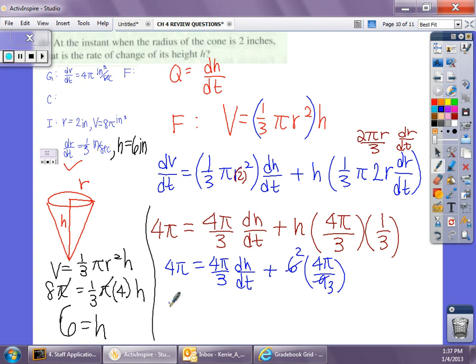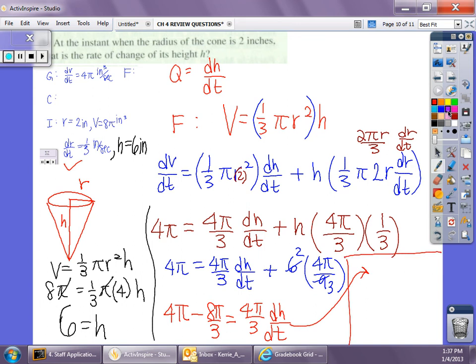So we get 4 pi minus 8 pi over 3 is equal to 4 pi over 3 dH/dt. And now we get that 4 pi over 3 is equal to 4 pi over 3 dH/dt. Therefore, divide, and we get that dH/dt is 1.